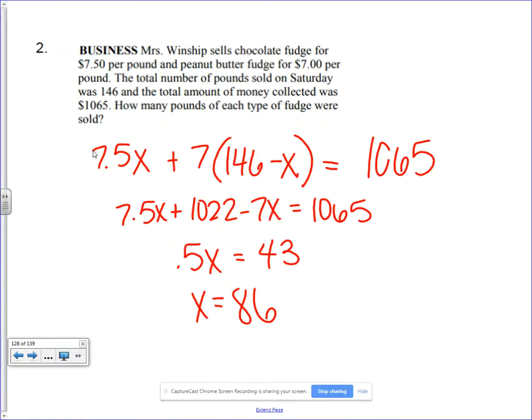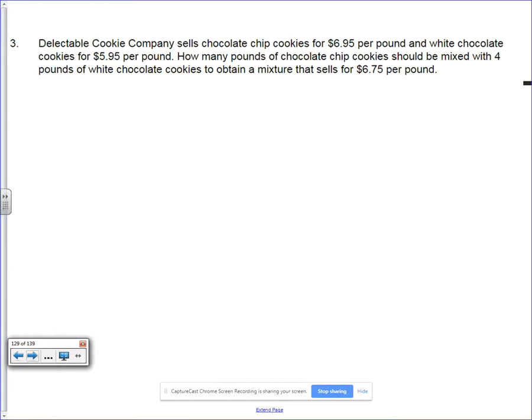So 86 pounds of the chocolate fudge, and then that would leave us with 146 minus 86, which is 60 pounds of the peanut butter fudge.